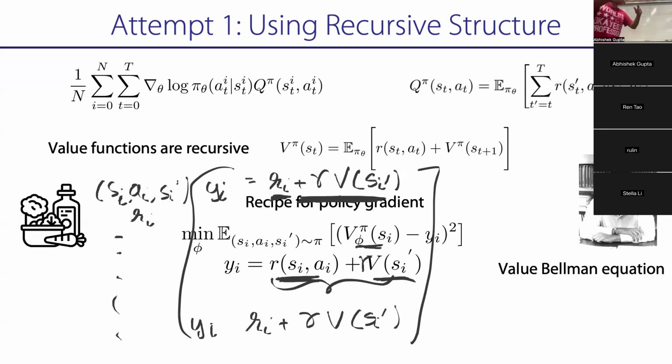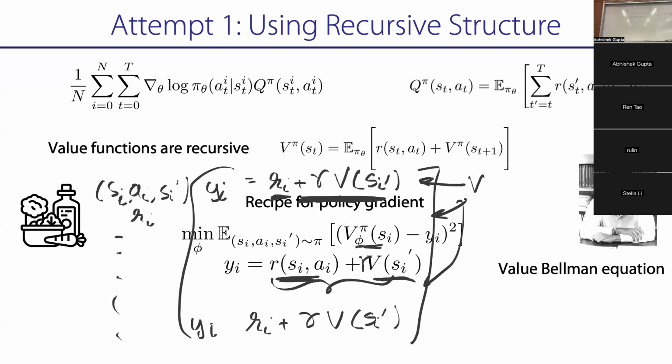So this is going to be an iterative process. You're going to have a particular value function. You're going to use that value function to construct targets, and then you're going to regress onto those targets to get a new value function. And then you'll repeat this process with the new value function. Essentially it's what you call value iteration, or loosely value iteration.